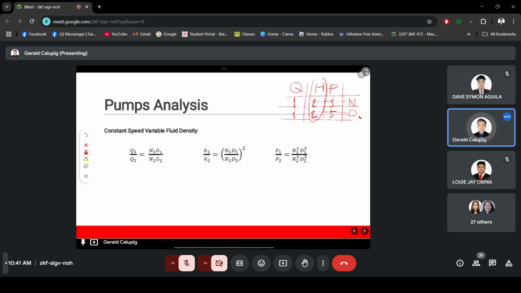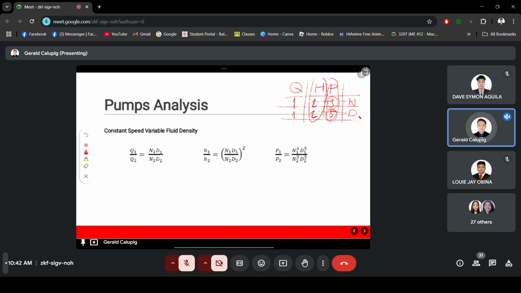For P, for power, we can have P1 over P2 is equal to N1 cubed D1 to the fifth power over N2 cubed times D2 raised to 5, right?